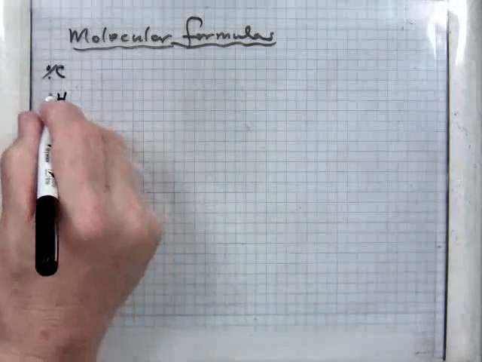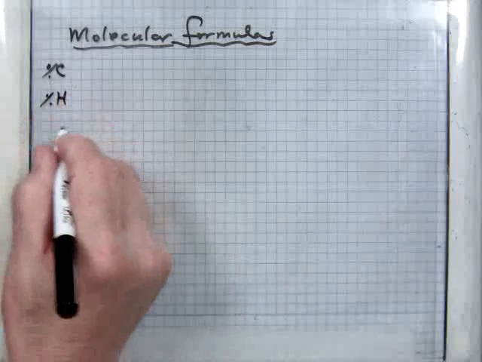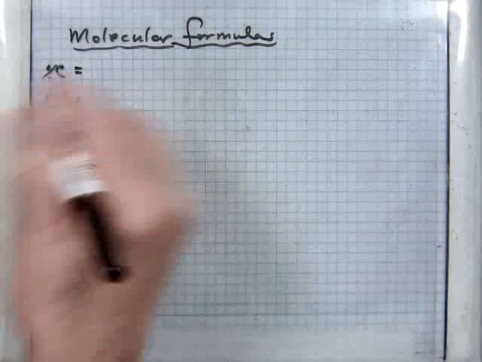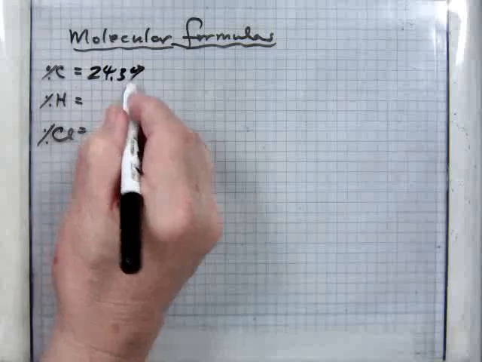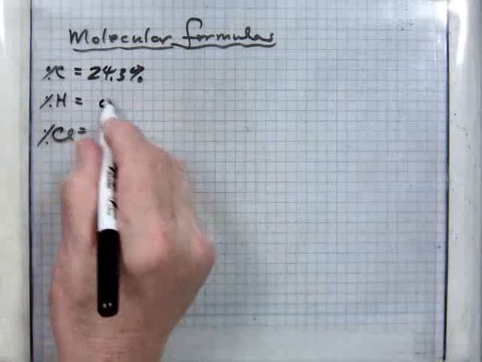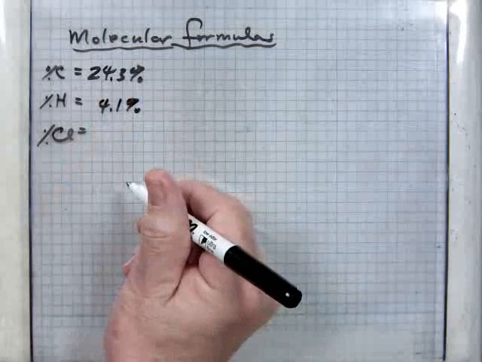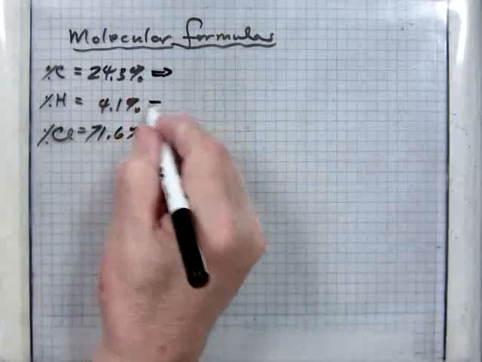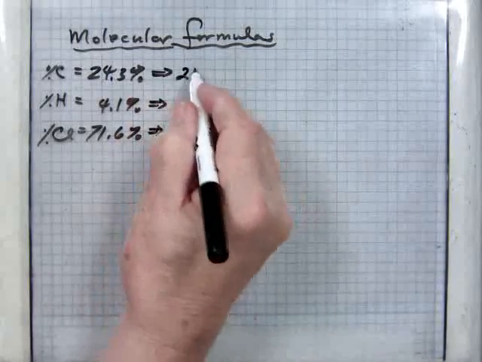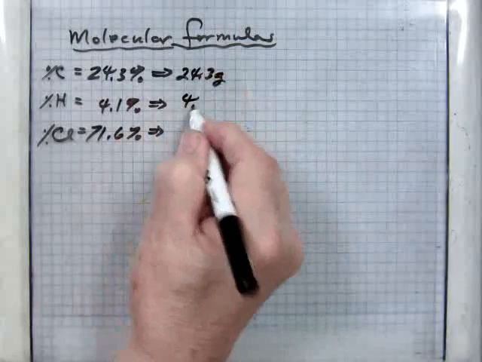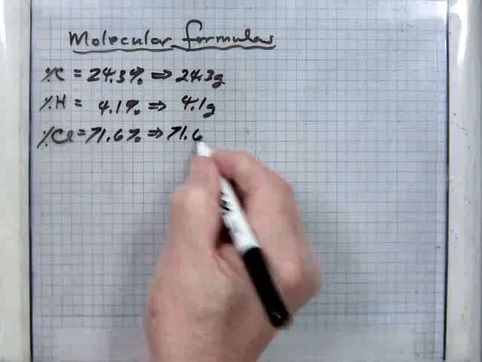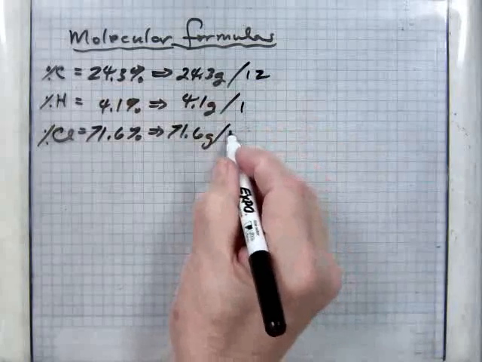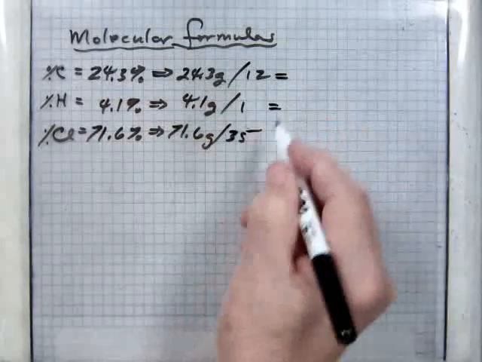hydrogen, and chlorine. 24.3, 4.1, and 71.6. And so going to grams, we drop the percentage. And then divide by formula weights. And we'll get the moles.